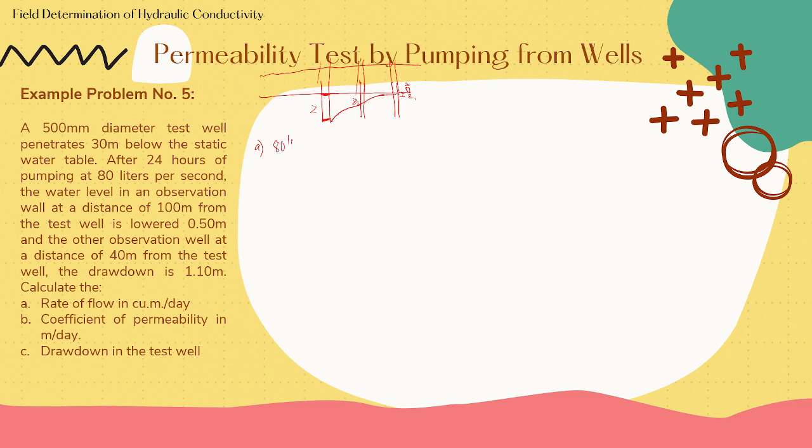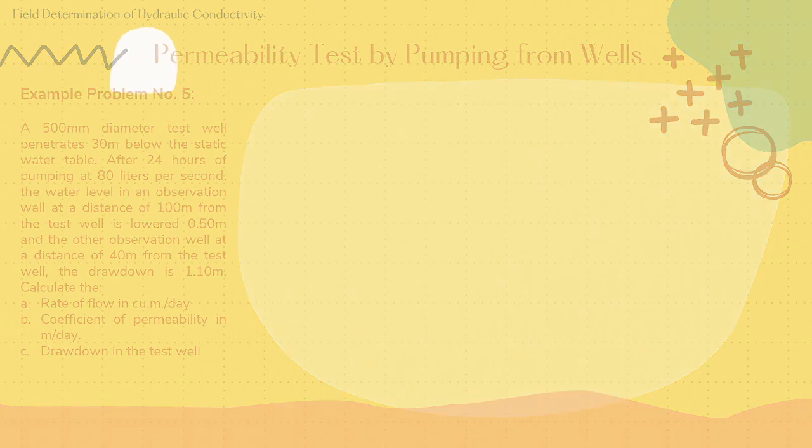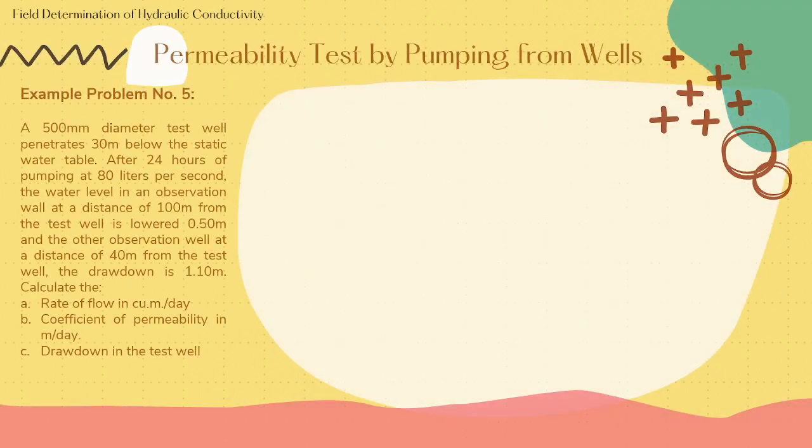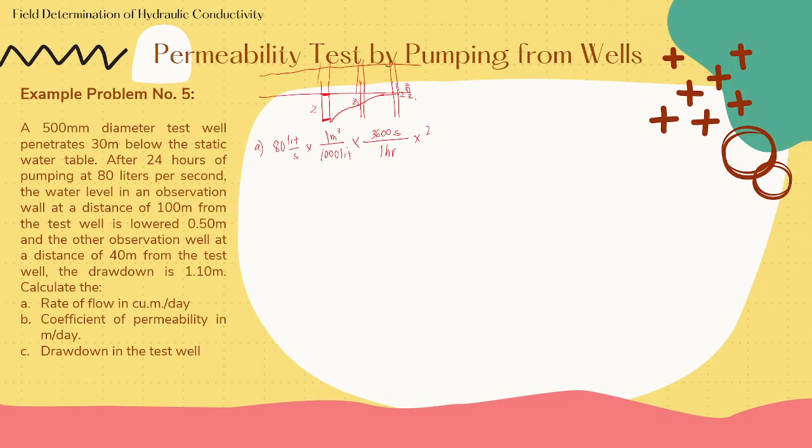So 80 liters per second times 1 cubic meter per 1,000 liters times 3,600 seconds per hour times 24 hours per day.